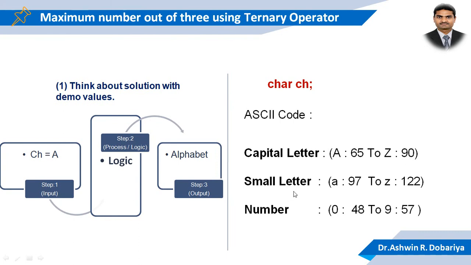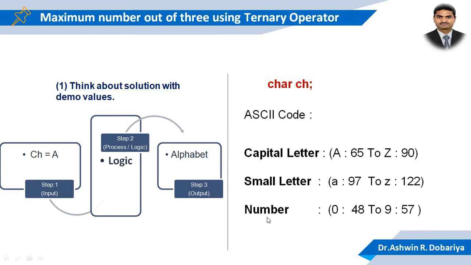Similarly, the small character ASCII code is a little different from capital. Small a starts from 97, small b is 98, small c is 99, up to small z, whose ASCII code is 122. So this is the range for capital characters, and this is the range for small characters.